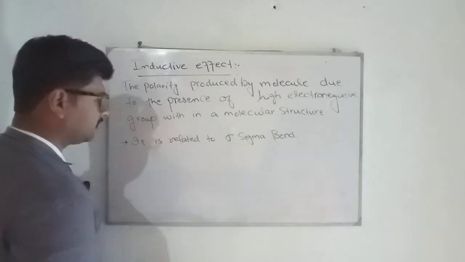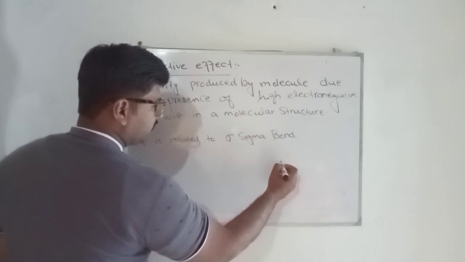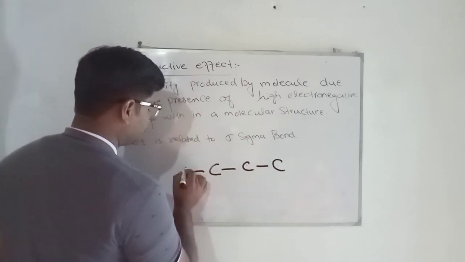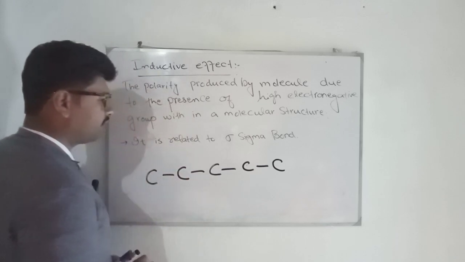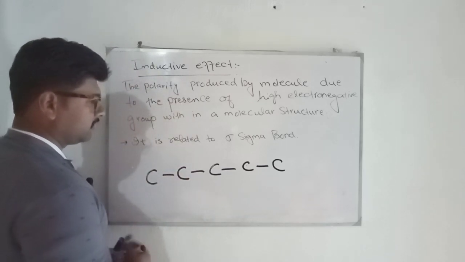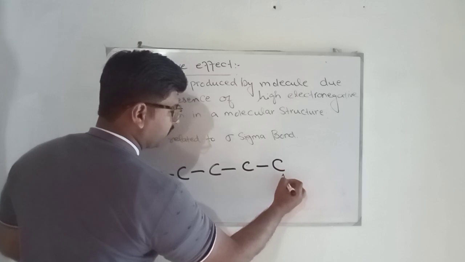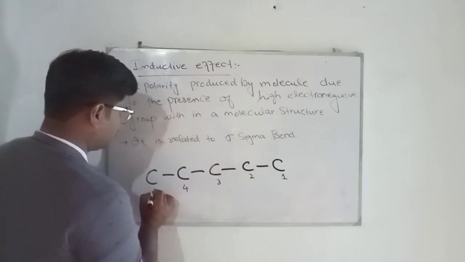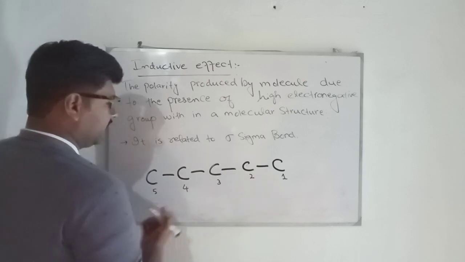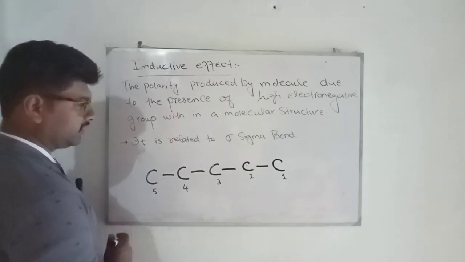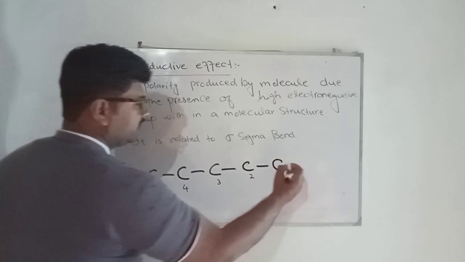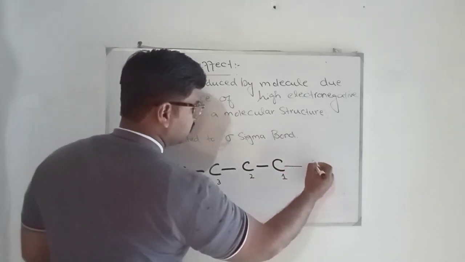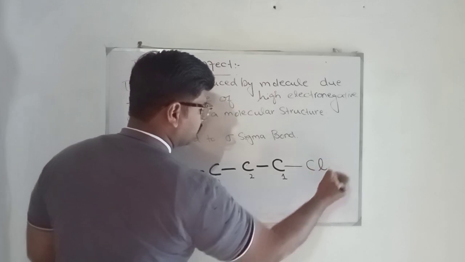For example, we take a carbon chain. Let's suppose it is comprised of 5 carbon atoms. Here we have carbon number 1, carbon number 2, 3, 4 and 5. It can be the structure of pentyl group, and we attach here with the first carbon a chlorine group.